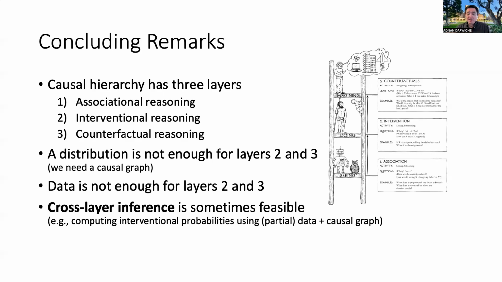You give me a causal graph plus some partial data, and then I find all of these associational quantities that, if you put them together, give you a quantity that is interventional. Another example of cross-layer inference is if you have associational and interventional quantities, you put them together, and you end up computing a counterfactual query. So you use quantities from lower layers to do something at the next layer under some conditions. People refer to this as cross-layer inference, and that's what we did in the second part.